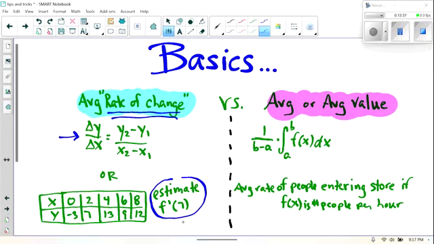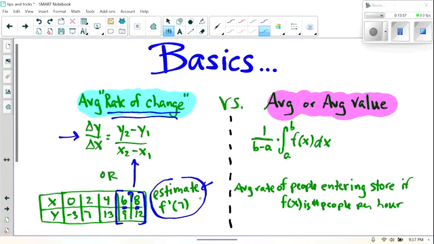They don't even give you an equation. You can't take the derivative of it. And 7's not on there. 7 would happen to fall right in between 6 and 8. So we're going to use these two coordinates in here to estimate. We can't find it exactly. That's average rate of change.